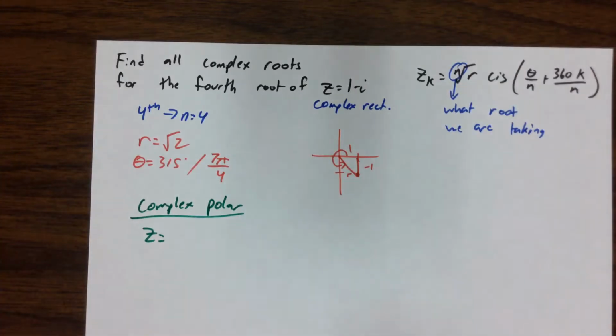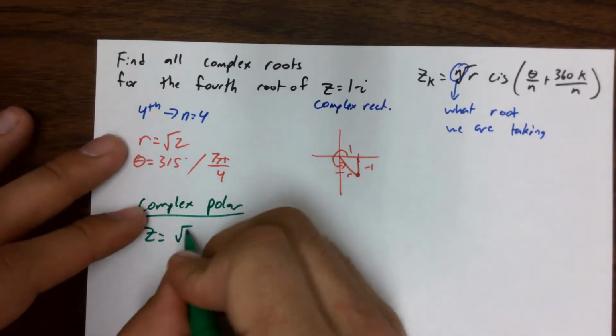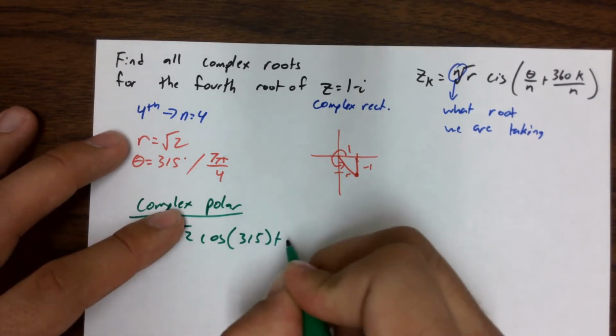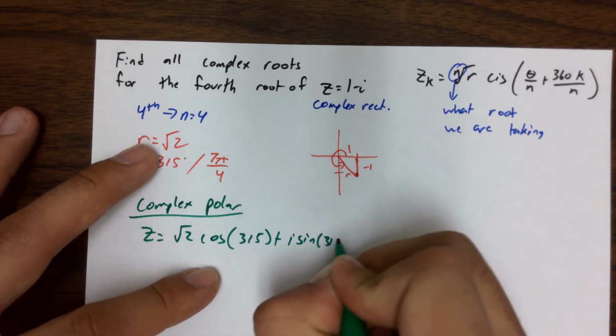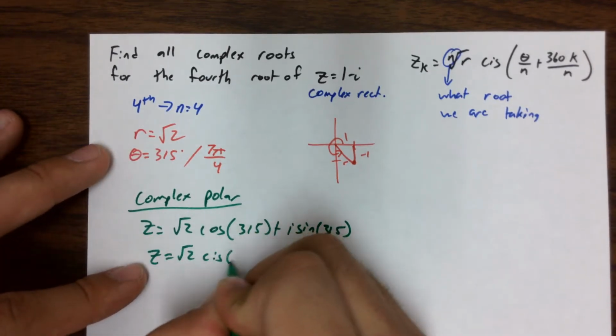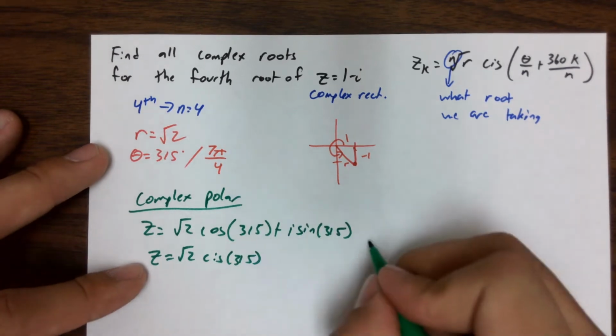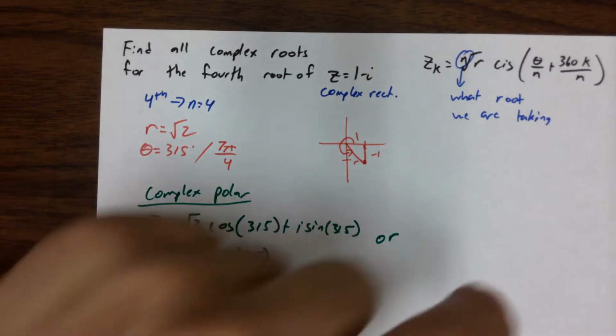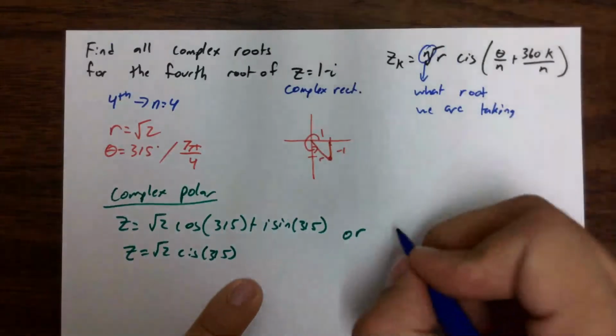So z would be root 2 times cosine of 315 plus i sine of 315, which is root 2 cis 315. Or, again, this is in degree mode. We could put it in radians.